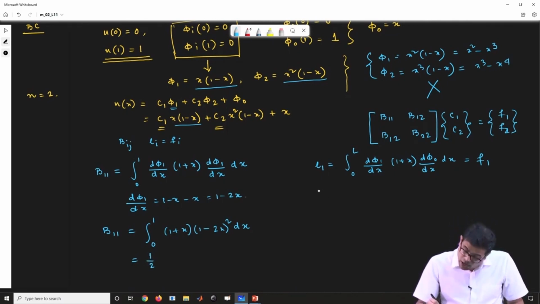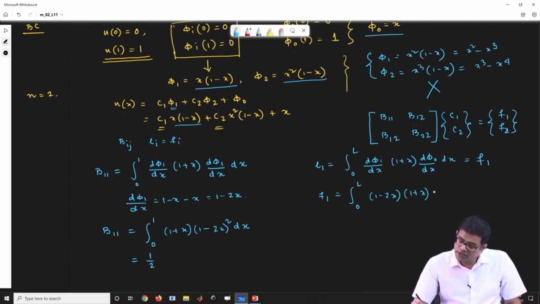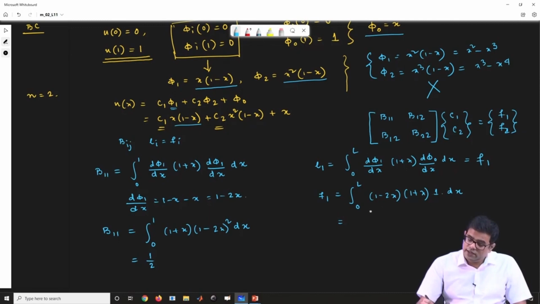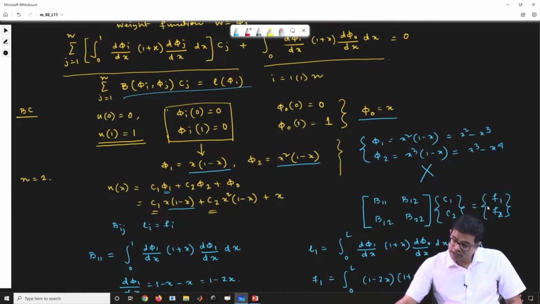Similarly L1 or F1 is the integral 0 to L of d phi 1 by dx, which is 1 minus 2x, into 1 plus x, and phi 0 we choose as x, so its derivative is 1, into dx. Here I think there will be a minus sign because we are representing it in this form.